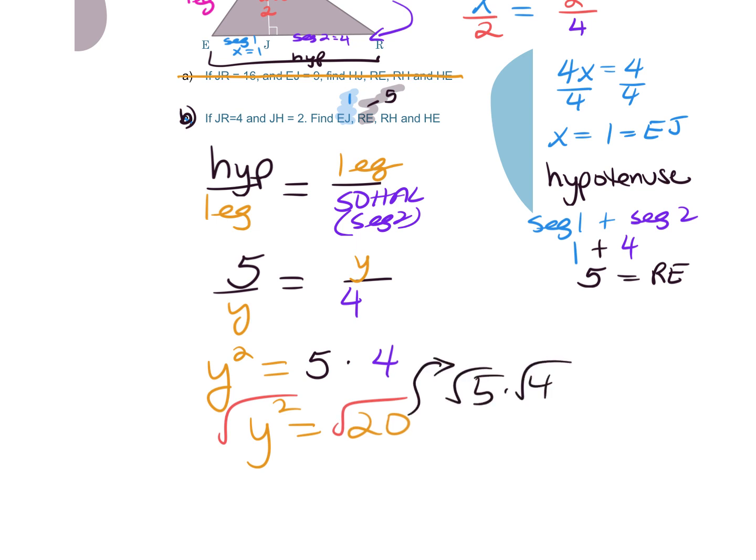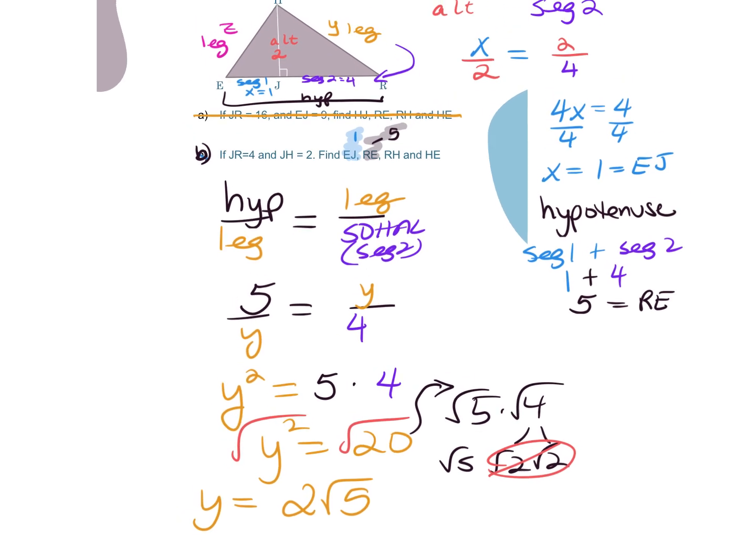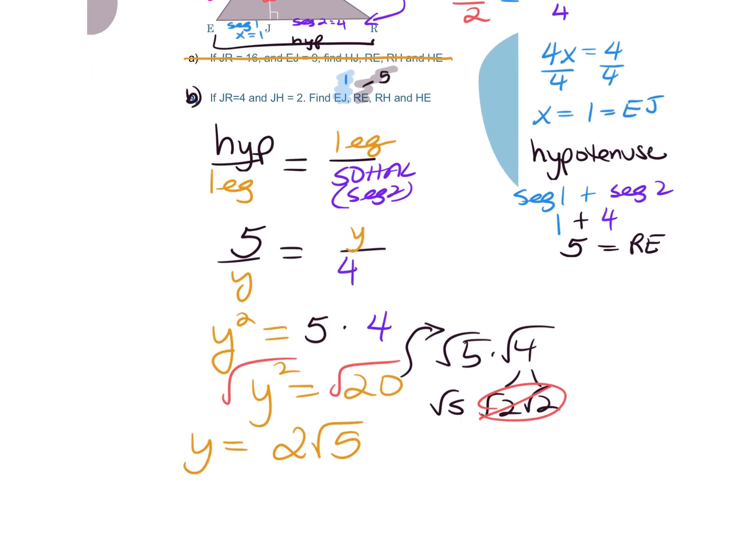That's your factors of 20. And then 5 doesn't break down, but 4 does. I got a pair of 2's. A 2 comes out. So 2 square root 5 is the length of that leg, which is RH. So 2 square root 5 is RH.